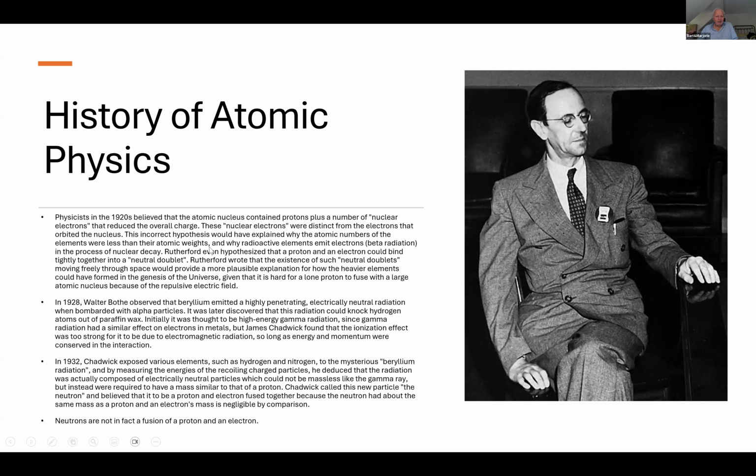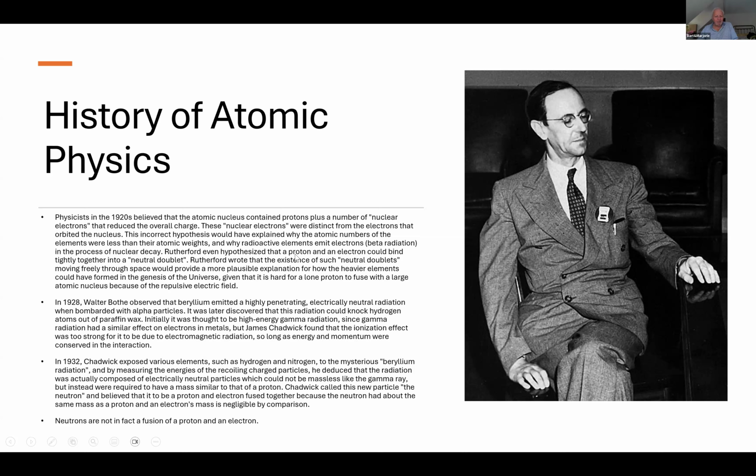In the 1920s, physicists believed the atomic nucleus contained protons plus a number of nuclear electrons that reduced the overall charge. These nuclear electrons were distinct from the electrons that orbited the nucleus. This was false because the atomic numbers of the elements were less than their atomic weights, and radioactive elements emit electrons in the process of nuclear decay.